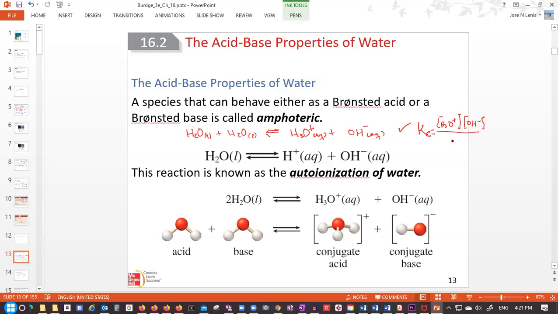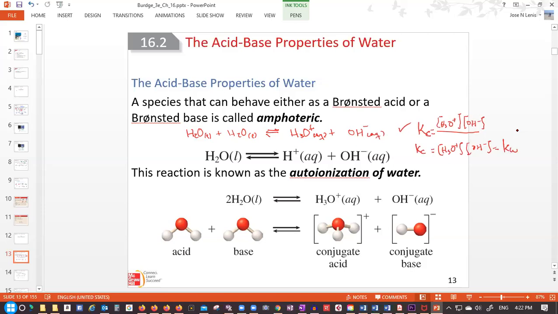We can say the concentration of water, but remember, here it is pure water, and we said that pure liquids and solids are not included in that expression. So we ended up writing the equilibrium constant as the concentration of H3O plus times the concentration of OH minus. And this is what we know as Kw.